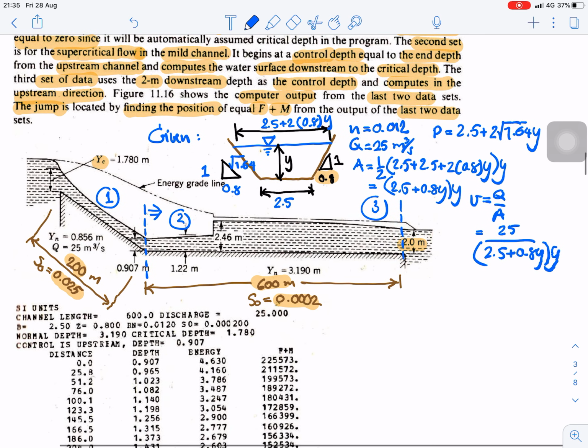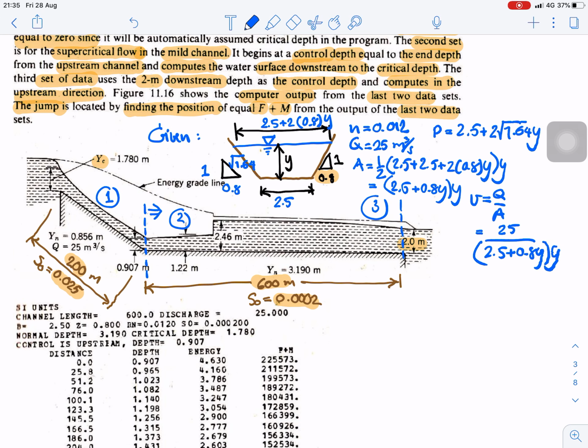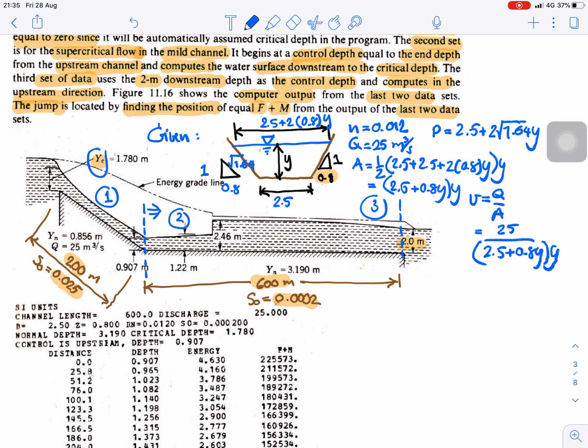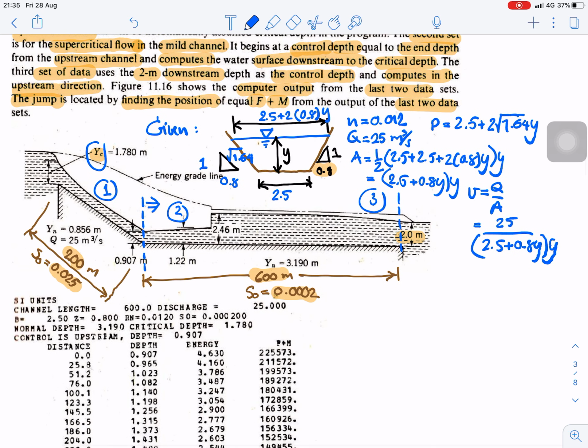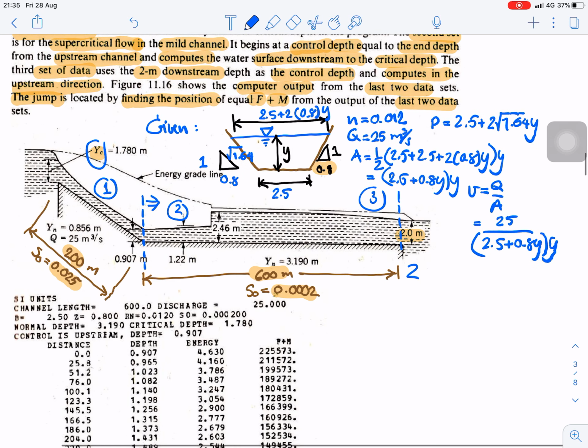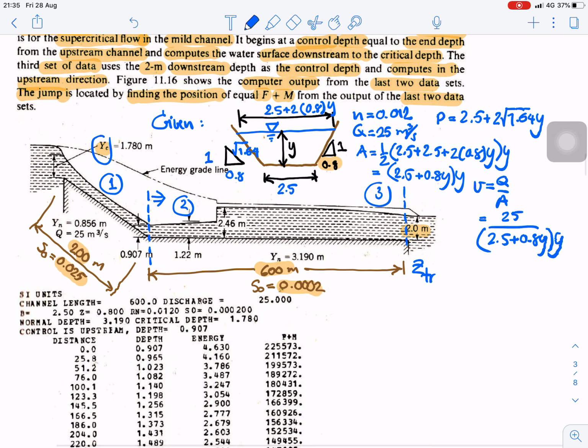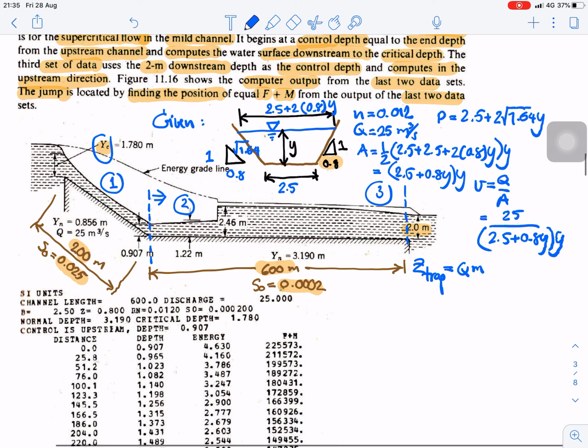And next, I want to show you how to find the critical depth. You can find yc in this case. If we look at the previous lecture, lecture number 3, we can find the critical depth from the trapezoidal channel expression: Q times m to the power 3 over 2, divided by g to the power 1 over 2 and b to the power 5 over 2.